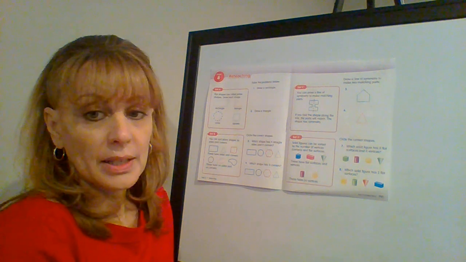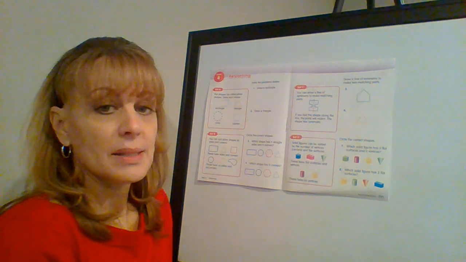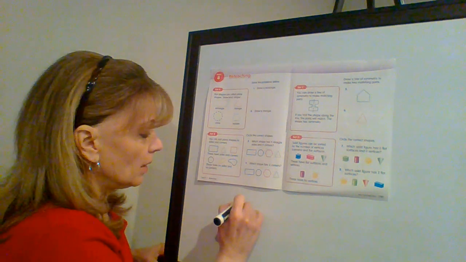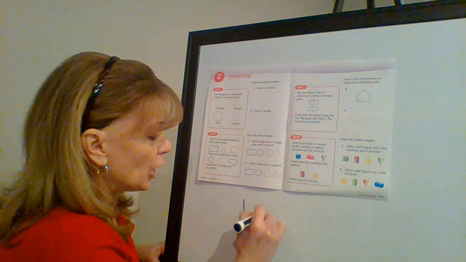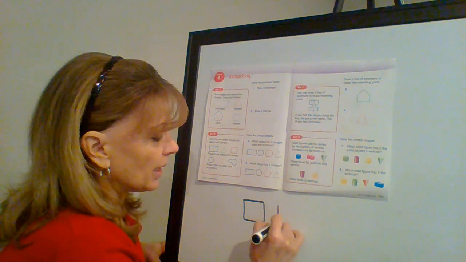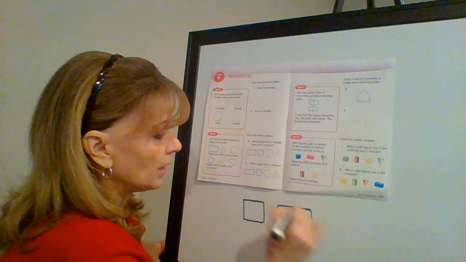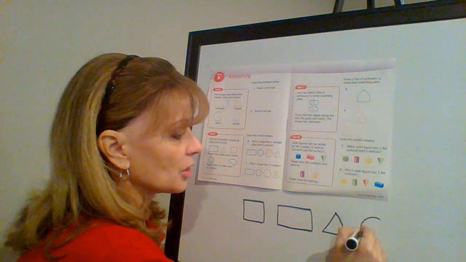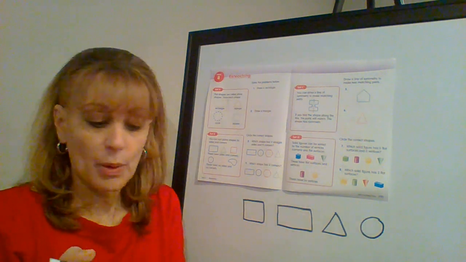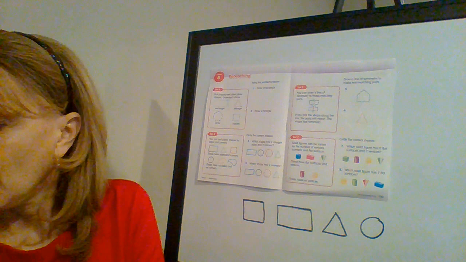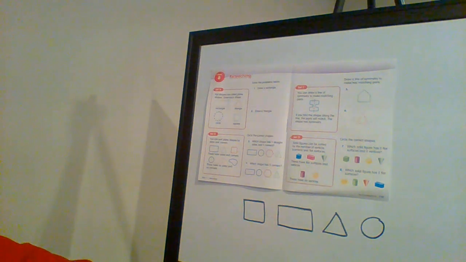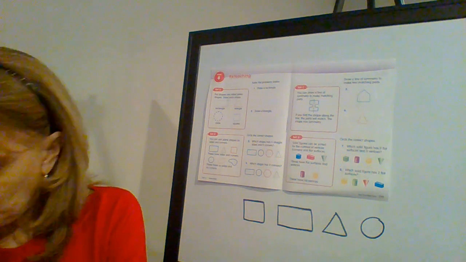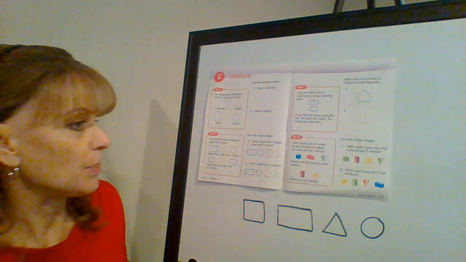We started this topic by discussing flat shapes. Remember, we talked about a square and a rectangle and a triangle and a circle. So those were our flat shapes. And then we moved on to our solid shapes.